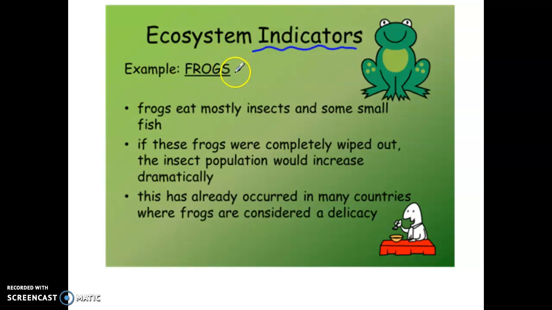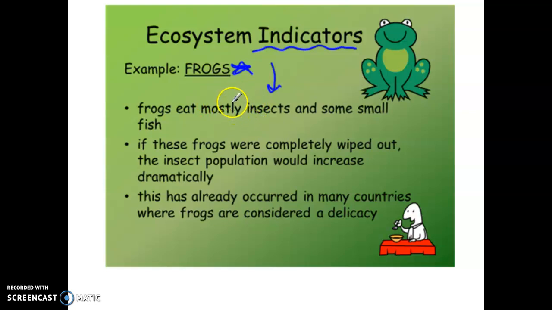Now, the reason why I'm bringing up frogs as the example is that they're nice for monitoring things because frogs live both in and out of the water. So meaning, let's say all of a sudden there's a drop in the frog population, that's probably going to indicate that something is wrong or unhealthy in that ecosystem.